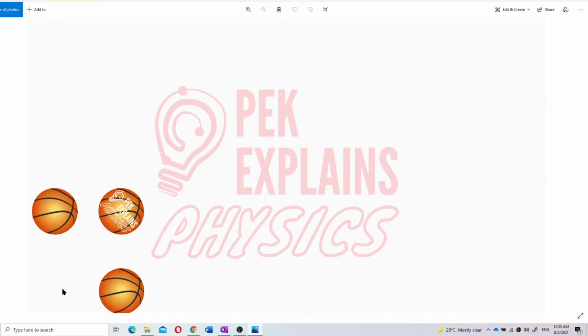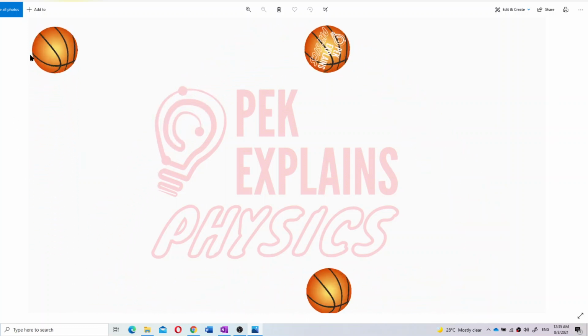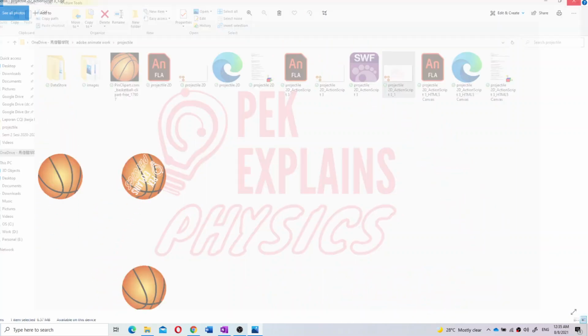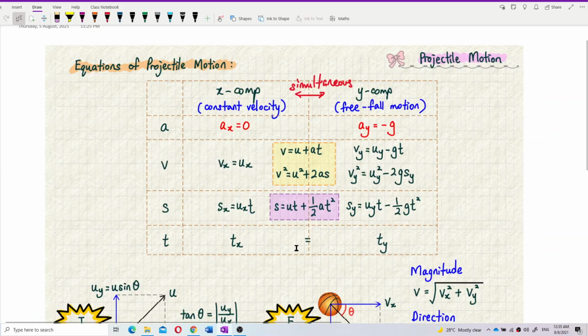So the time in the x component is equal to the time in the y component. You must remember this. So we use the same kinematic formulas to solve for each component.